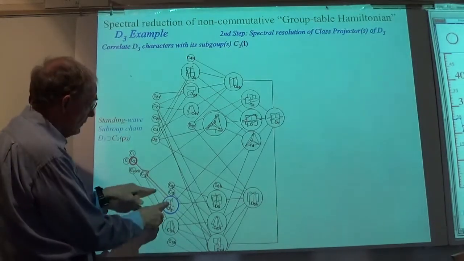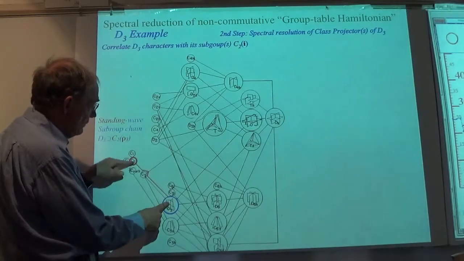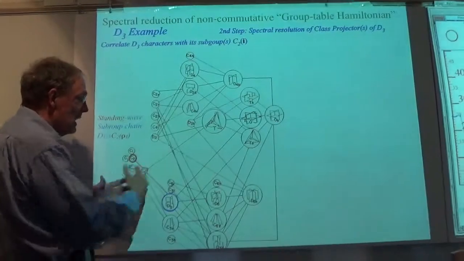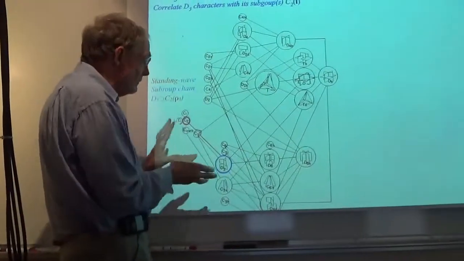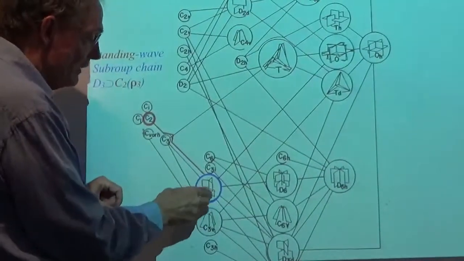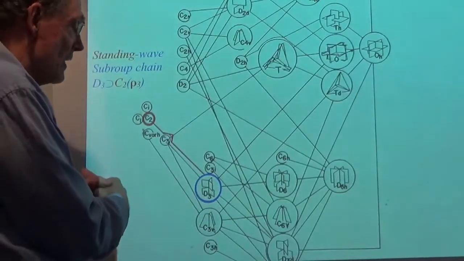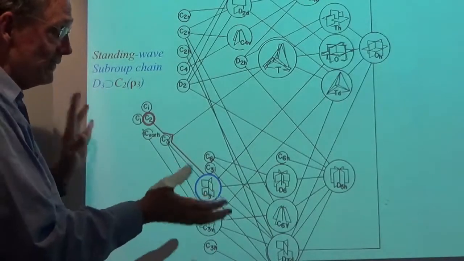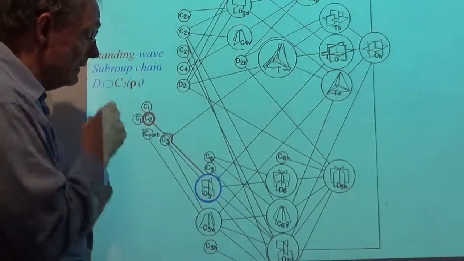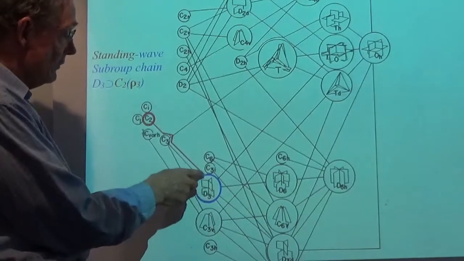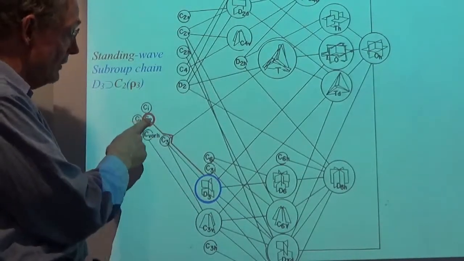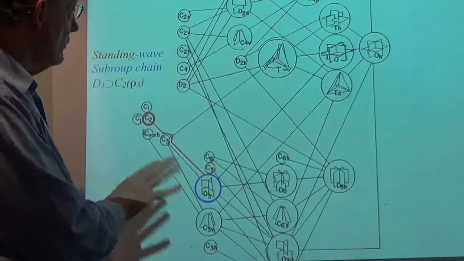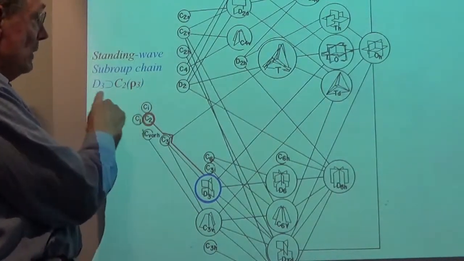But it has subgroups C3 and C2. That's what these lines indicate. And it's these lines that tell us all of the different ways that I can adjust the projection operators that split out from the all-commuting ones. The all-commuting ones are invariant, but the last splitting is not going to be invariant. I can choose this subgroup right here, and that's what we'll do first. Then we'll choose this one, C3. Okay, and that'll give us a very different result than this one.